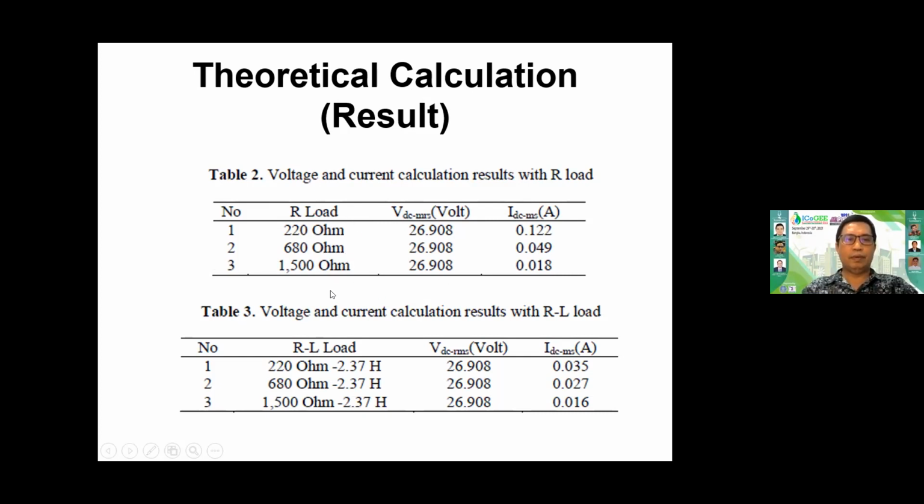For table 3, like with table 2, but the R load series with L load, and we can look at the values of voltage in DC RMS and current in DC RMS. Okay.